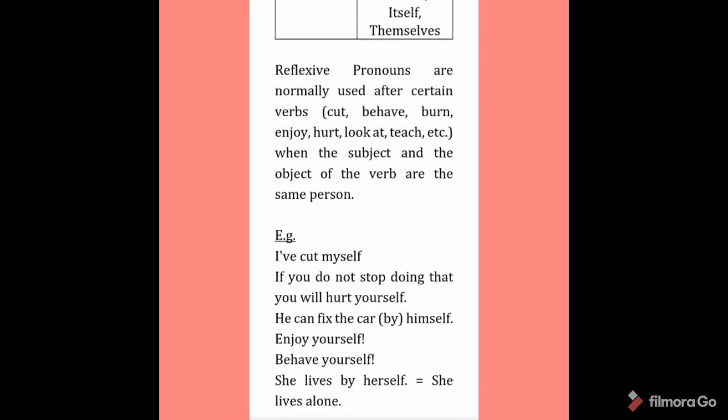For example, we may say that you have hurt yourself, not you have hurt myself or I have hurt yourself. They have enjoyed themselves. We have looked ourselves. They have taught themselves.